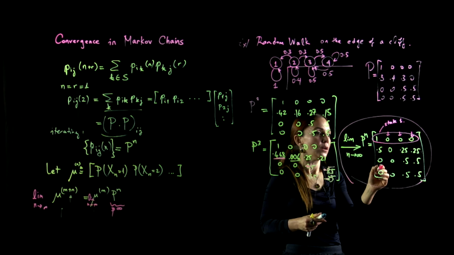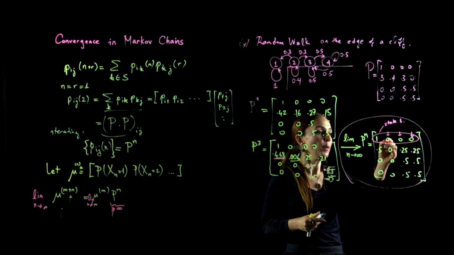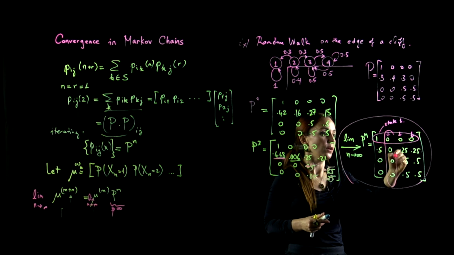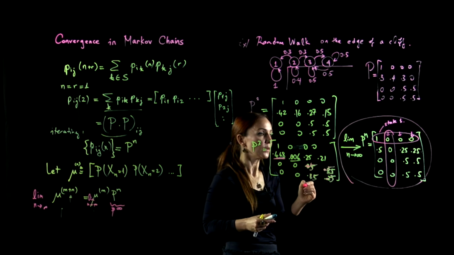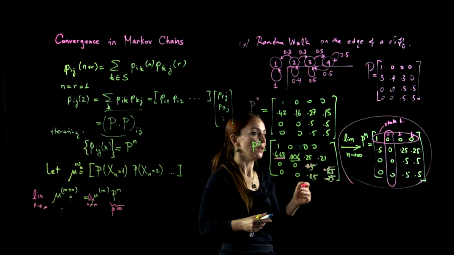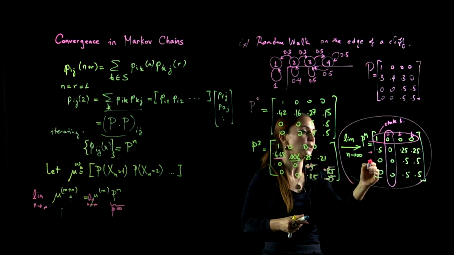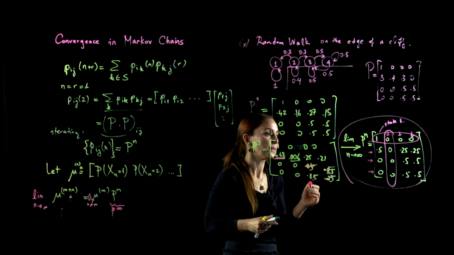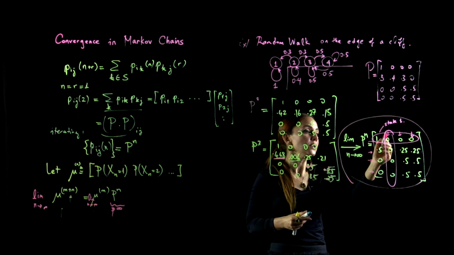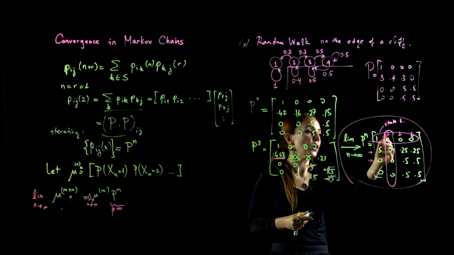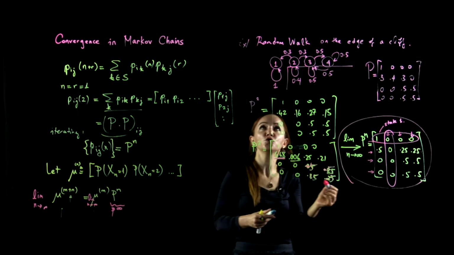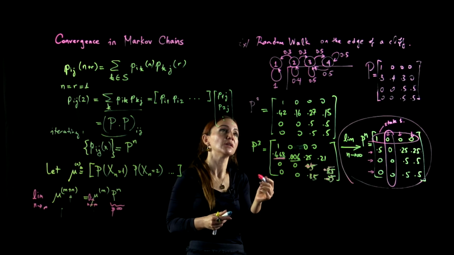Now, how about looking at this column here. This column means that no matter which state we start at, we are not going to end up in state 2 eventually.